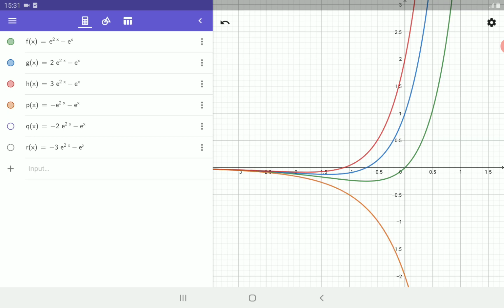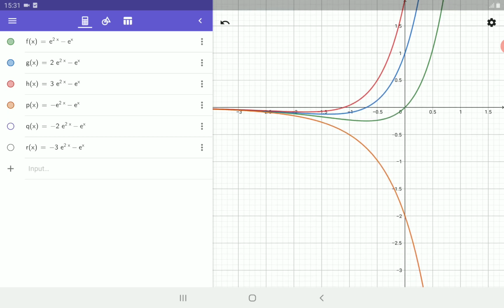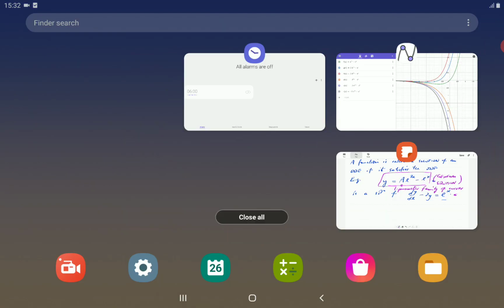If a is negative 1, it's going to look like this curve here, y-intercept negative 2. If a is negative 2, then the y-intercept is negative 3, etc. So this is going to be the shape of the one parameter family of curves for that ODE in A.